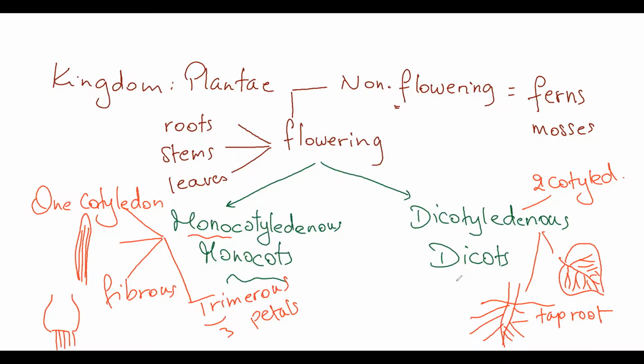But here the flowers are either tetramerous, means in fours, tetra means 4, either 4 petals, 8, 12. Here we have also pentamerous. 5s, yes. 5, 10, 15, and so on. Multiples of 5. These are the differences between the monocots and the dicots.